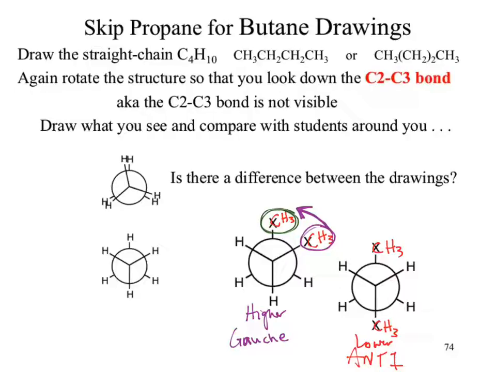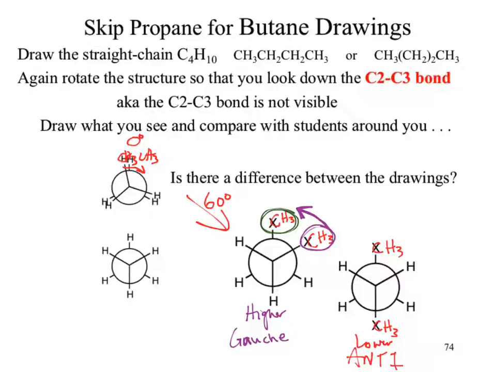So what you could start to get into is a reference for the specific rotational angle. If we started with the fully eclipsed, so those were both CH3s up here, and we said that was 0 degrees. As I rotate, which one are we rotating? The front carbon to the right, we would start to look like this. How far did I rotate it to the right? 60 degrees.